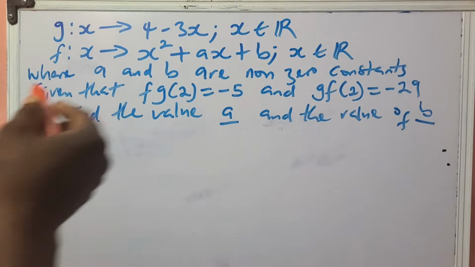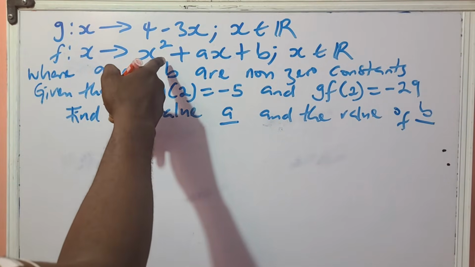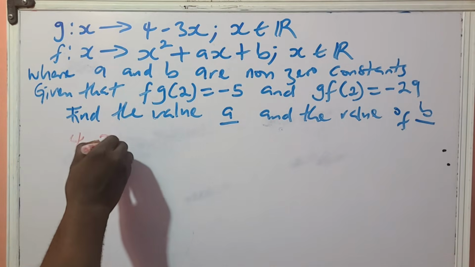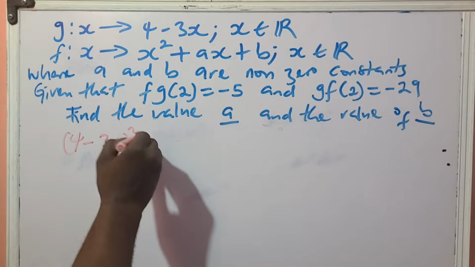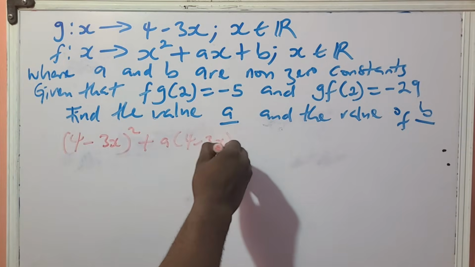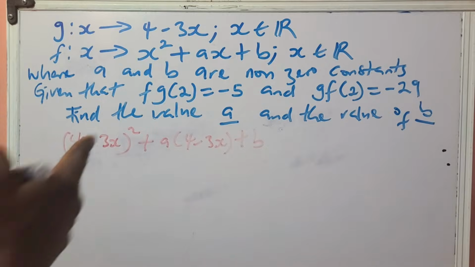So if you try fixing function g into function f, that means we'll have (4 minus 3x) squared plus a(4 minus 3x) plus b. And we're told that our x is 2.